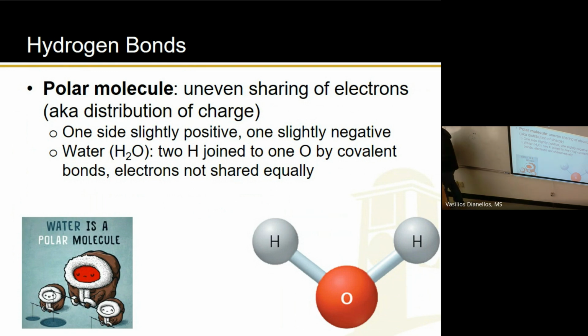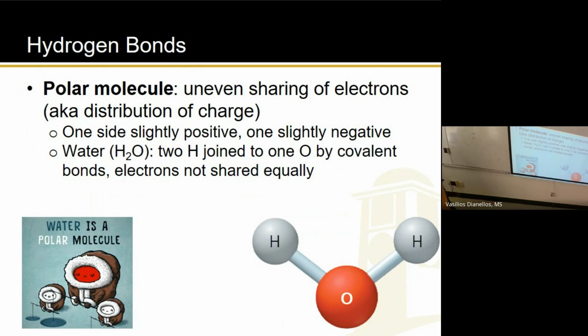So when you have a polar covalent bond, that molecule in that polar covalent bond is a polar molecule. And you definitely need to know this. A polar molecule is when you have an uneven sharing of electrons. Definitely need to know that. It'll definitely be on the exam, and you need to understand that concept to understand some things later in the semester. So a polar molecule has an uneven sharing of electrons.